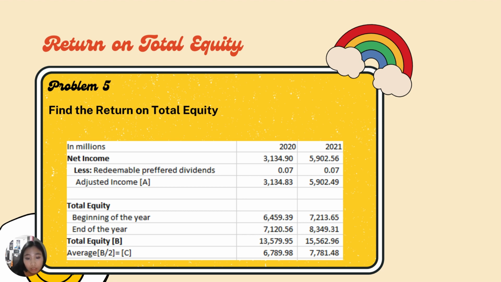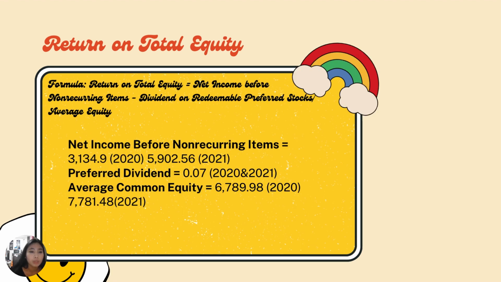So our total equity is 13,579.95 and 15,562.96. So our average is 6,789.98 and 7,781.48. So our formula here is return on total equity equals net income before non-recurring item minus dividend on redeemable preferred stock, divided by average equity.